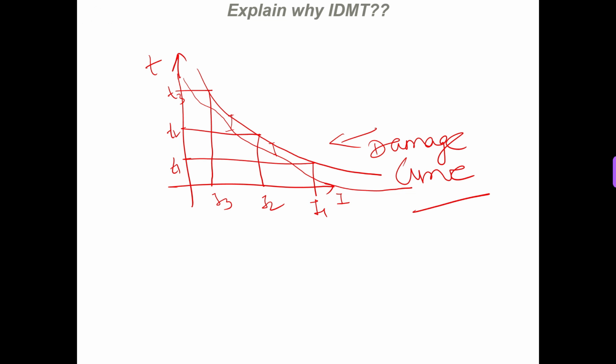Whenever we are protecting a certain type of equipment, every equipment will have its own damage curve, which can be different from every other equipment. Every electrical machine, every motor, every generator will have a different damage curve compared to the others.